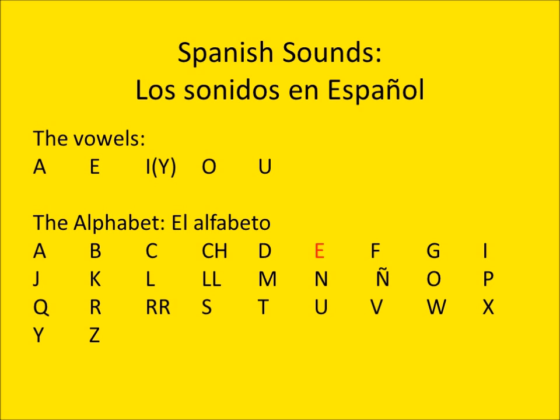We have the double L, it's called elye. The N with that little mark on top is called eñe. The double R, which is strong, your tongue vibrates and a lot of sound comes out of your mouth. Erre. So let's do the alphabet again.